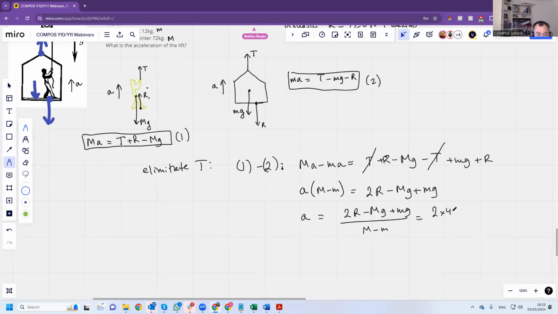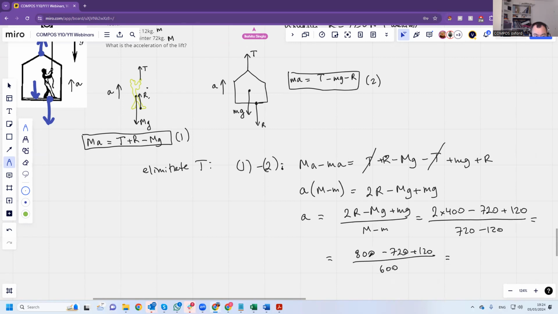So 2 times 400 minus 720 plus 120, and that's 800 minus 720 plus 120, divided by 600.